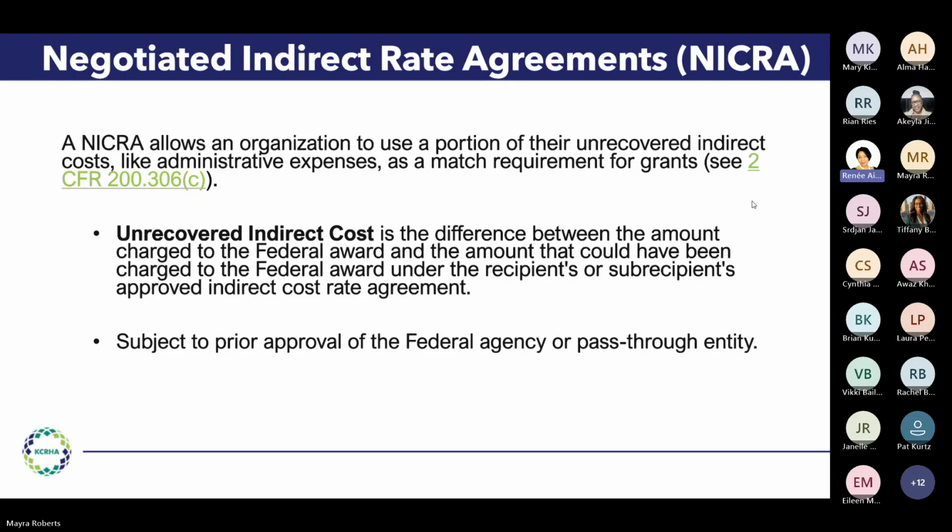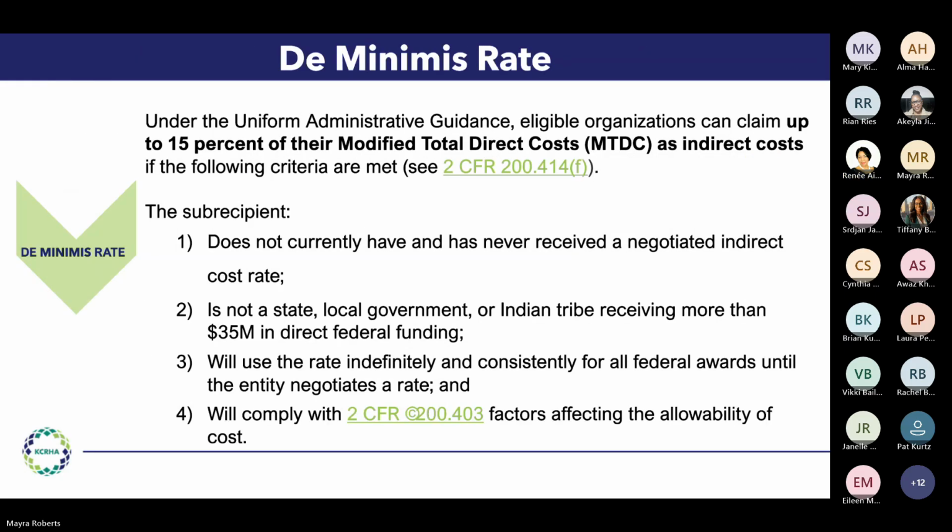Next slide, please. Okay. Under the Uniform Administrative Guidance, eligible organizations can claim up to 15% of their modified total direct costs as indirect costs if the following criteria is met, right?